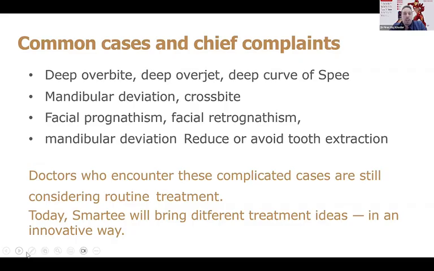A lot of doctors will ask, I have this case, but I think surgery is the answer. Some doctors think these complicated cases cannot be treated only by aligners or by routine treatments. So in Smartee, we combine a lot of different treatment ideas and technologies, supported by science, to get a better result in an innovative way.